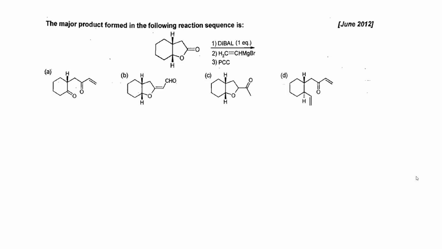There is another question based on Grignard chemistry. So let's try to solve this one. In the first step, they have given DIBAL-H. So you know DIBAL-H is used to reduce ester.